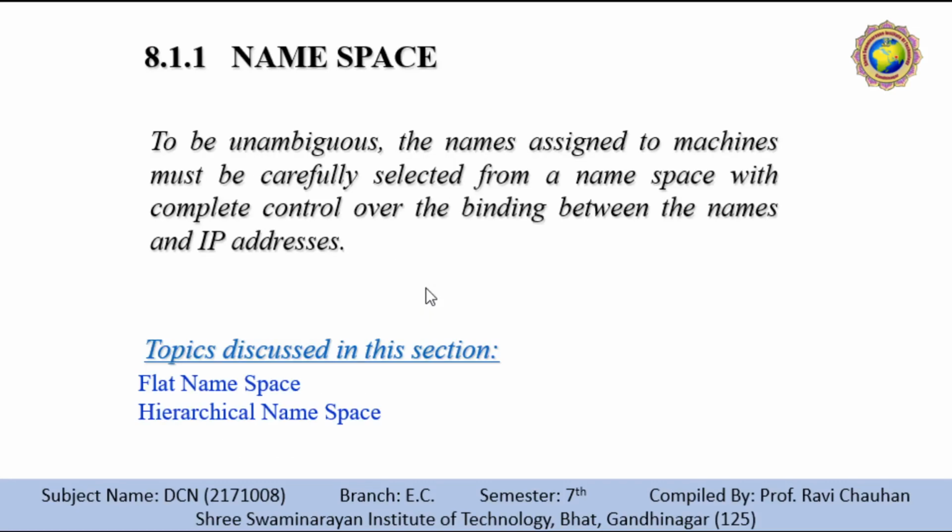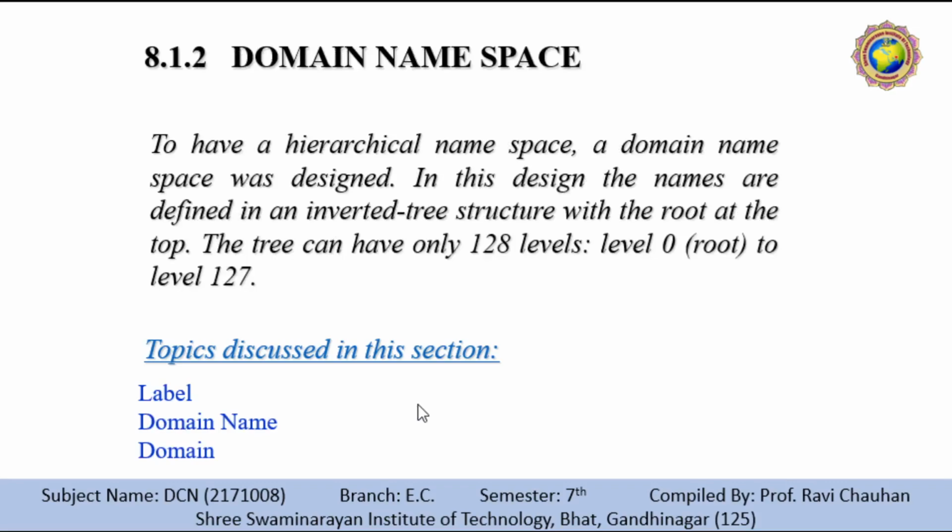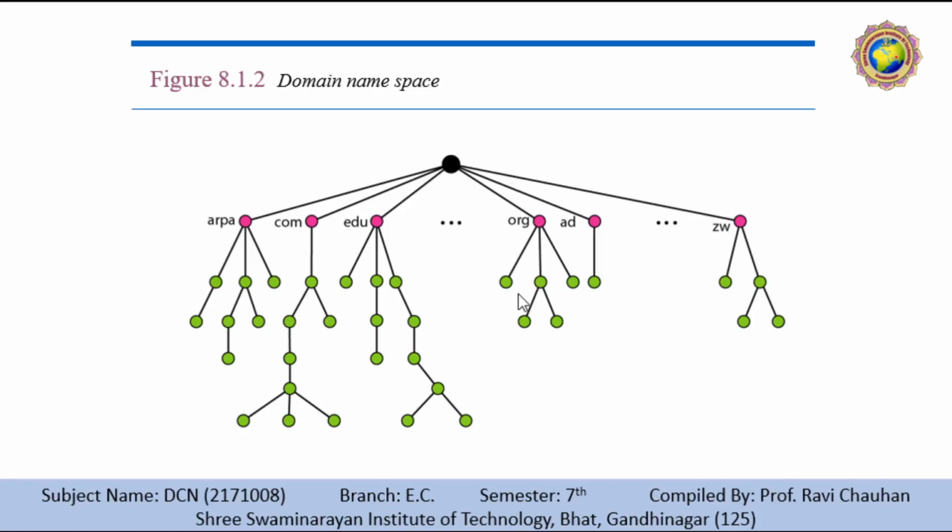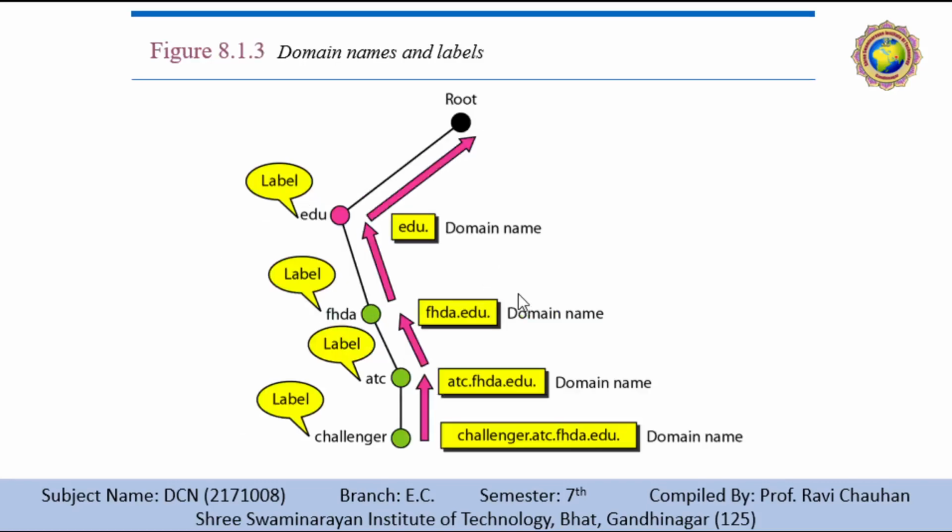After that, namespace, in which we defined flat namespace and hierarchical namespace. After that, domain namespace, where we discussed label, domain name and domain, each with specific figures. These are domain names and labels.